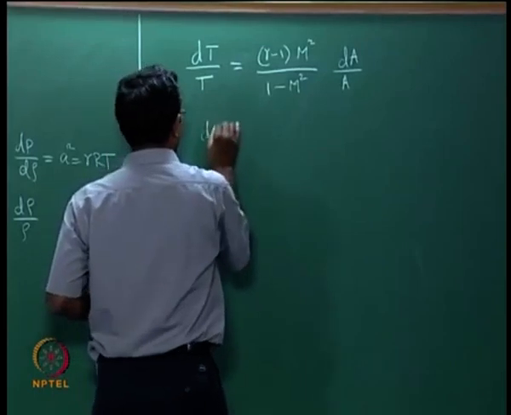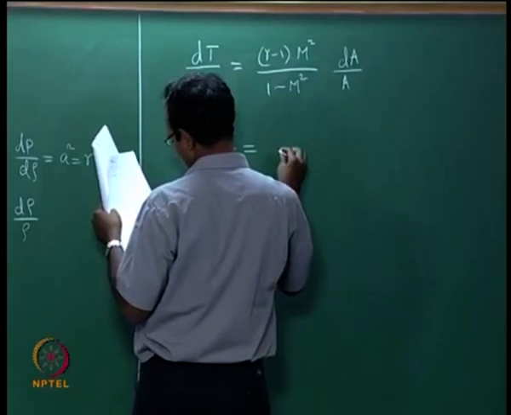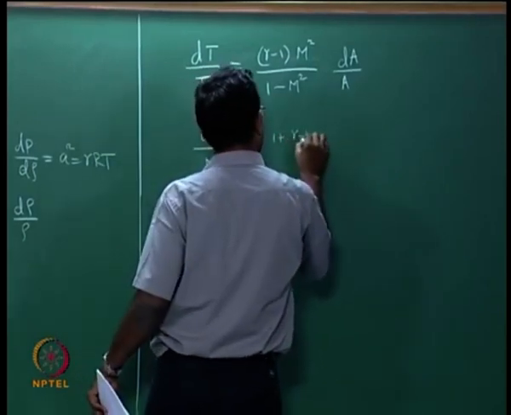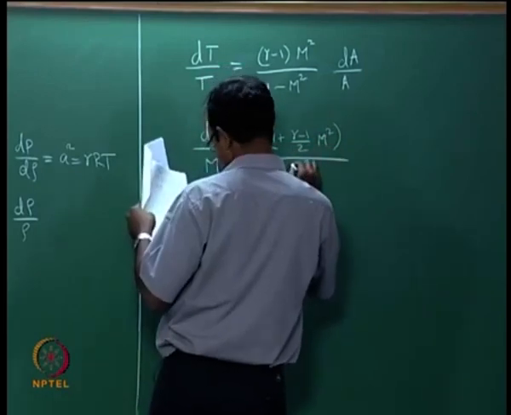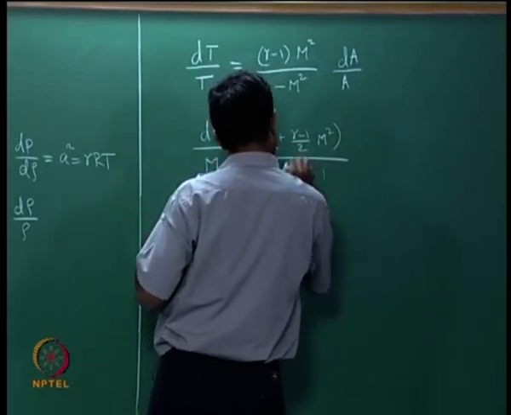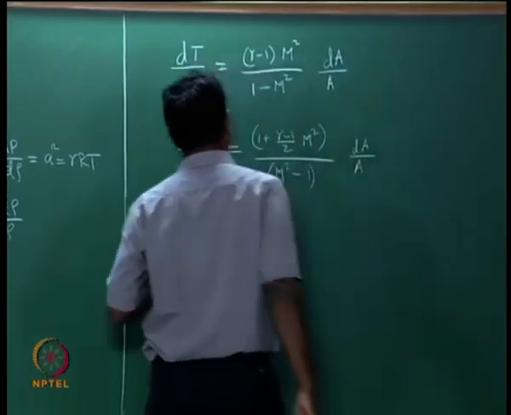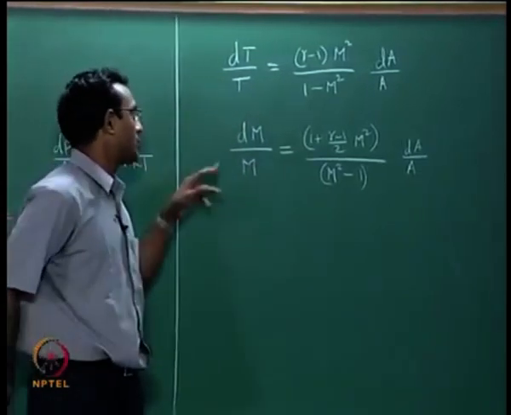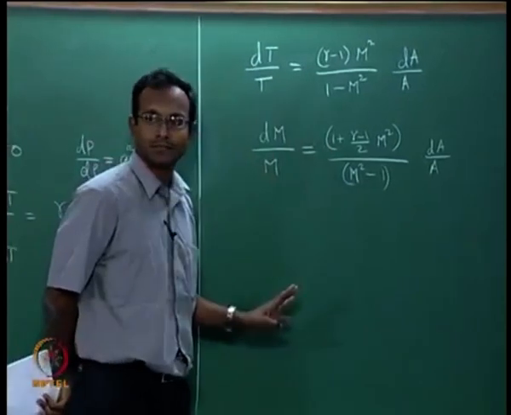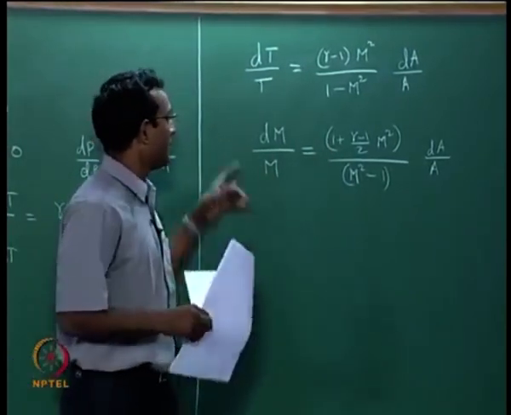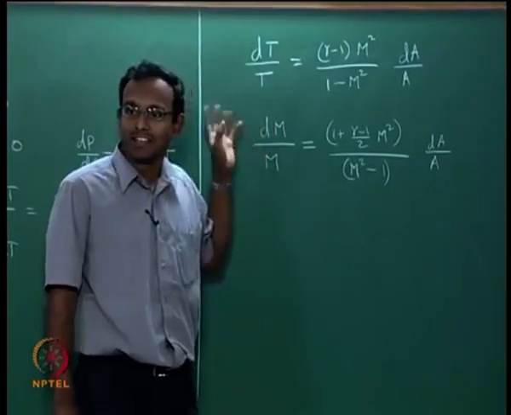And there is only one more left, which is probably the most used for analysis. How does Mach number vary when I change area? That is what this gives.